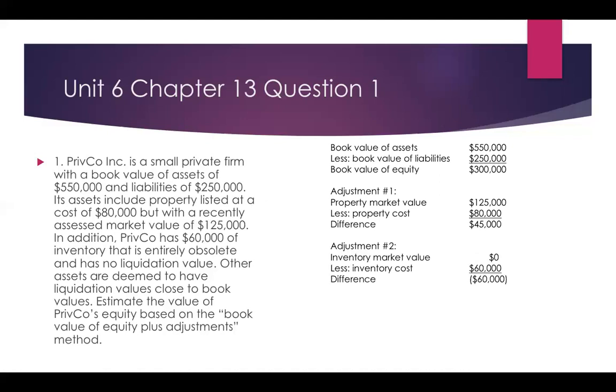Our next adjustment is the inventory. We know that the inventory has no liquidation value, so it starts at zero. But we do have a cost of that inventory, which is $60,000, which makes a difference of negative $60,000.